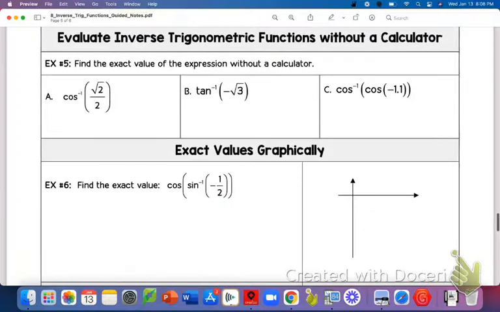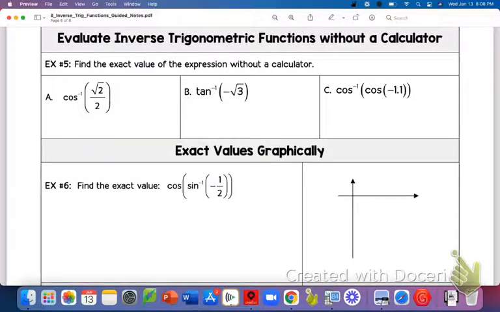Got that done. So now let's go ahead and evaluate without a calculator, and we're going to try to do this without pulling up my unit circle and cheating. Now we already kind of know these answers, so let's show you how we would get it without directly looking at the unit circle. So cosine inverse of root 2 over 2. My first thought process is my cosine is x.